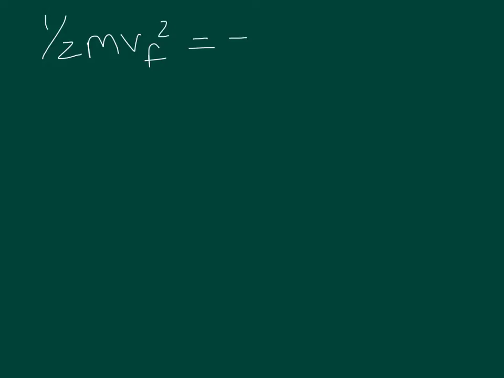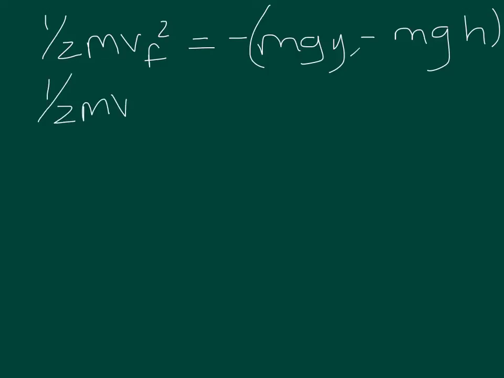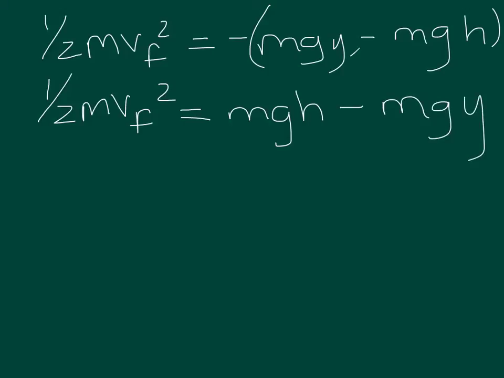If I did that, it would give me a negative mgy minus mgh, because it was just 0 on the right-hand side. Let's clean that up a little bit. 1/2 mv final squared is equal to, this would make this a negative mgy, but a positive mgh. So we could just say that would be equal to mgh minus mgy.